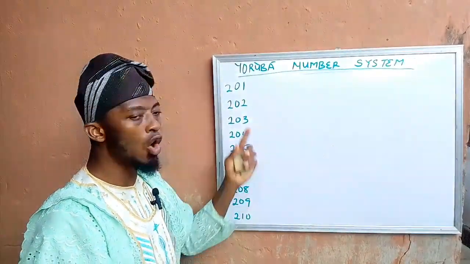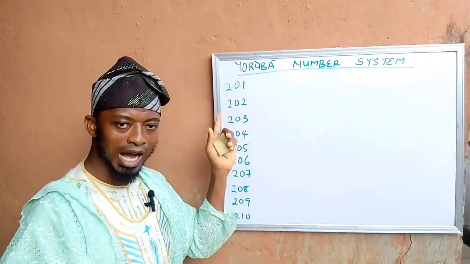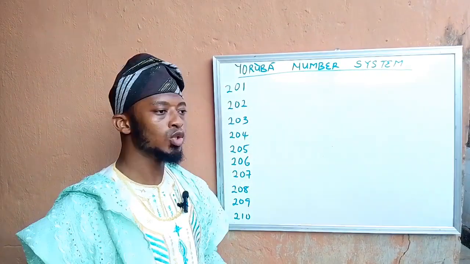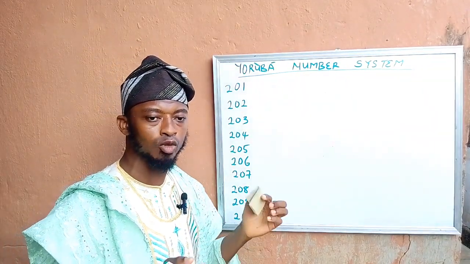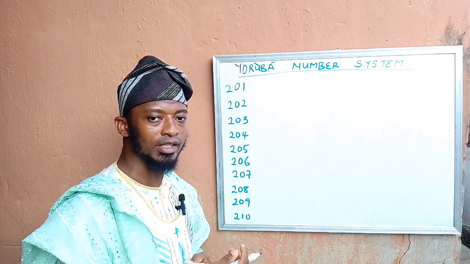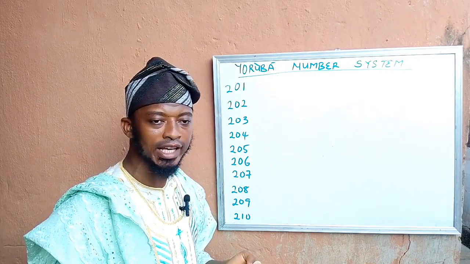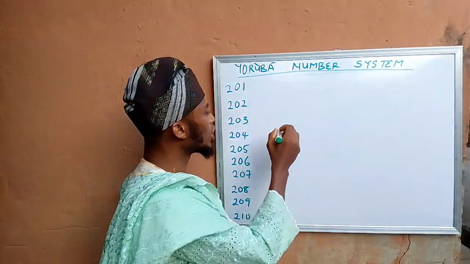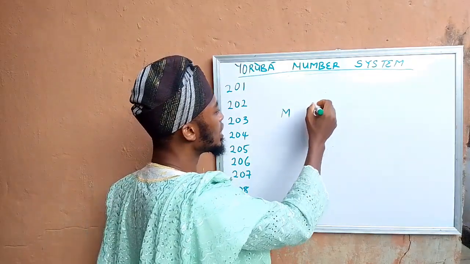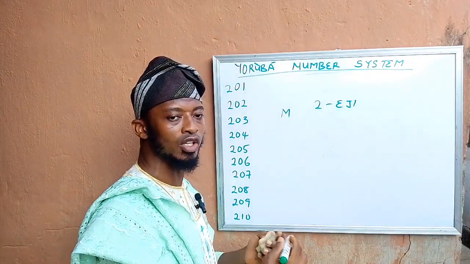Now, what is 201 in Yoruba? We need to understand what 200 is. We've done that before. We said 200 is Igba, right? Then what is 1? 1 is Okan. You have to pay attention to this. Remember, we mentioned in the previous video that if you want to use any of these numbers in counting, like 2 pens, 2 eggs, starting from number 2, what you are just going to do is add M in front of the number. We said 2 is Eji or Eeji, depending on the dialect or the person talking.